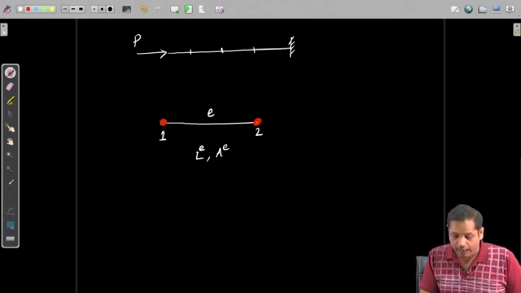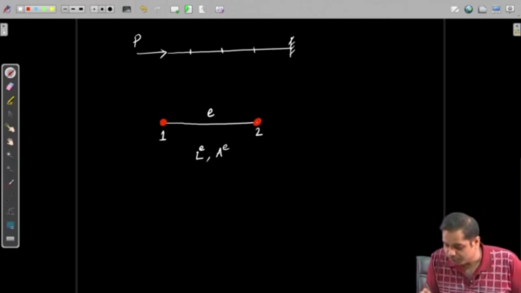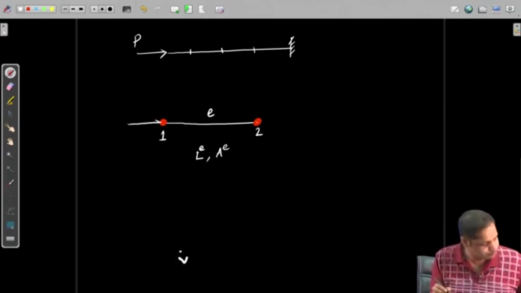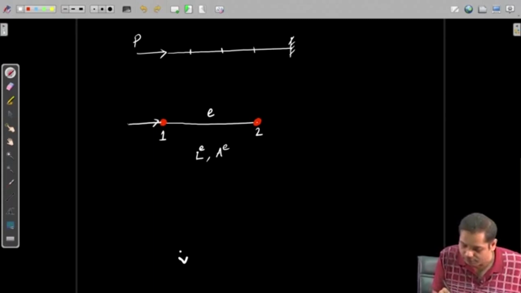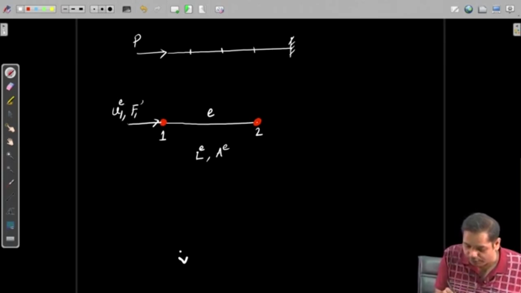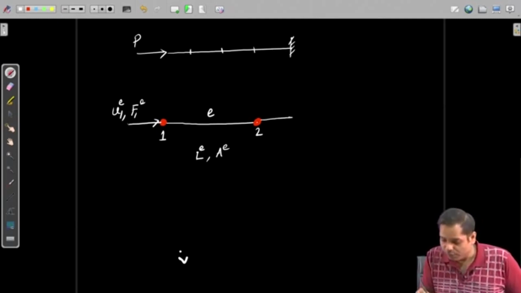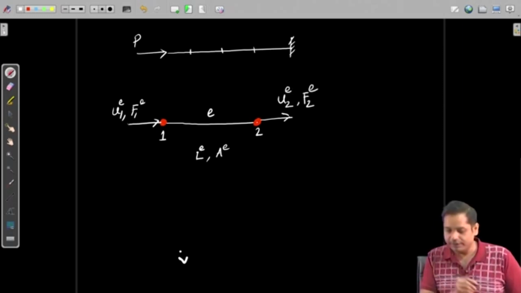Now, the degrees of freedom we have are at this point: we have U1 for element E, and then F1 for element E, the nodal force. Similarly here we have U2 for element E, and then F2 for element E. So this is the element.